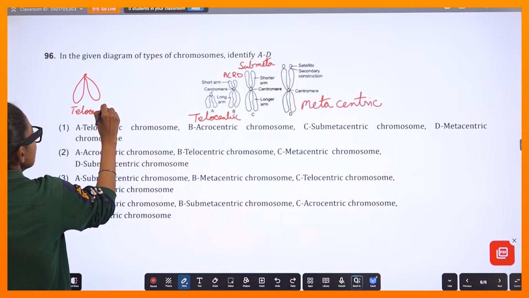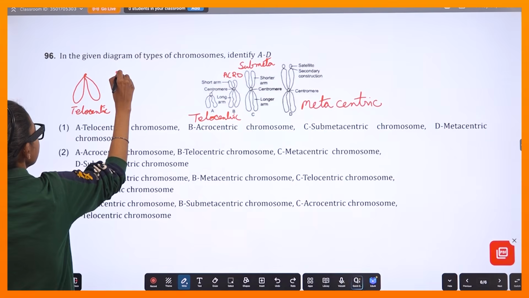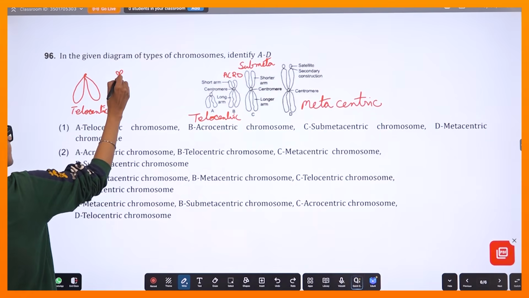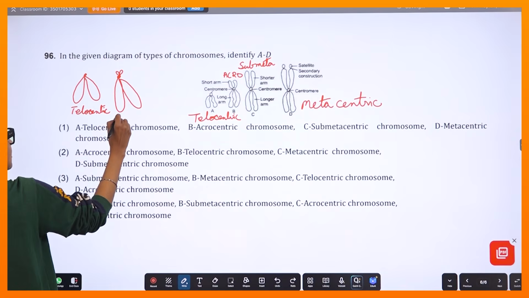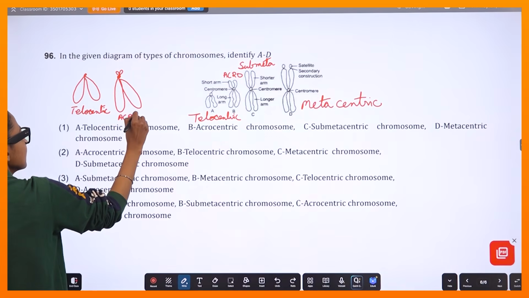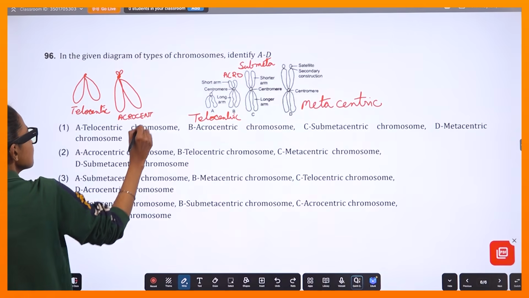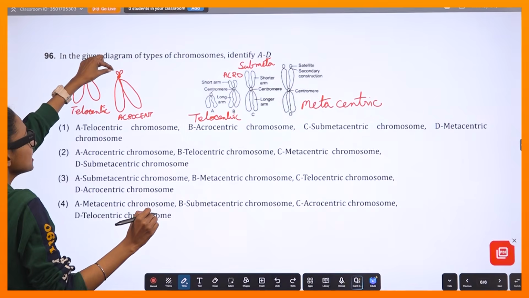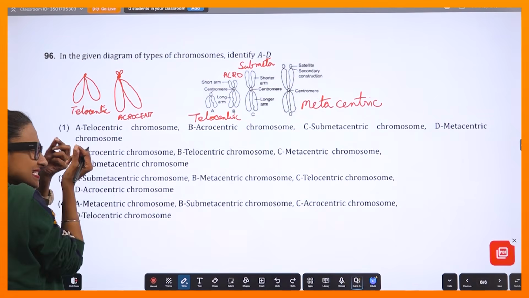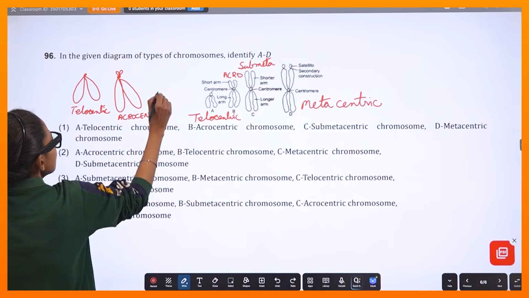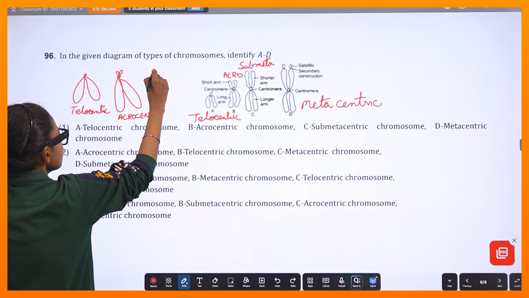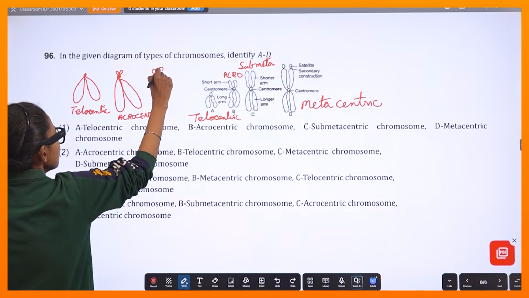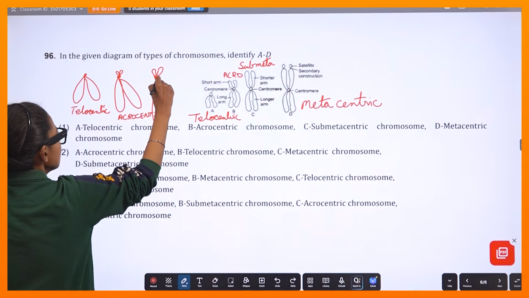Correct? Now let me draw two arms, centromere, acrocentric. Correct? So this is at the end. Here you can see that the other two arms are slightly visible. And this one is better visible.